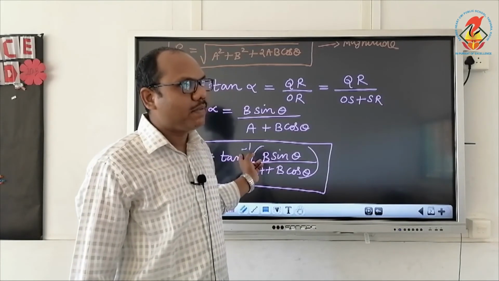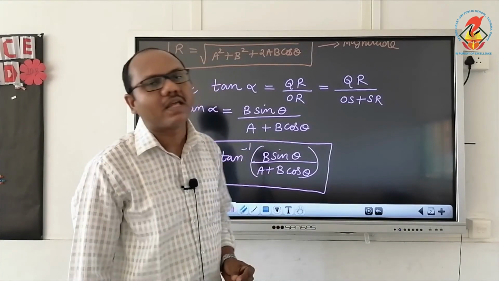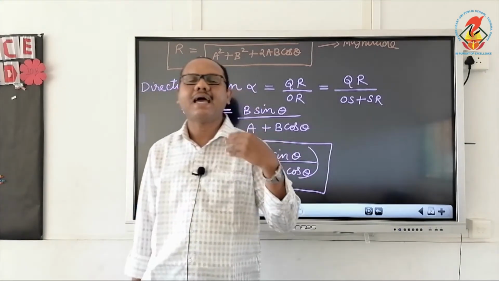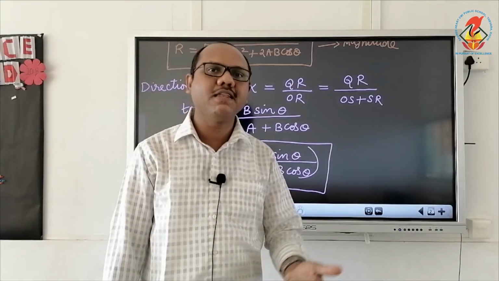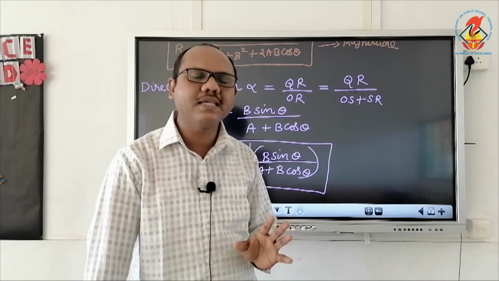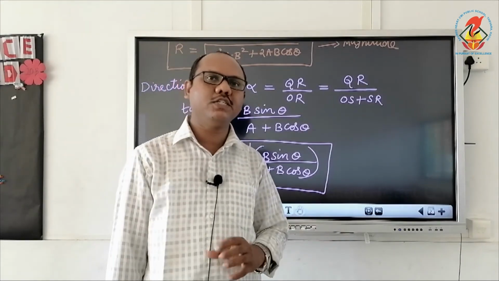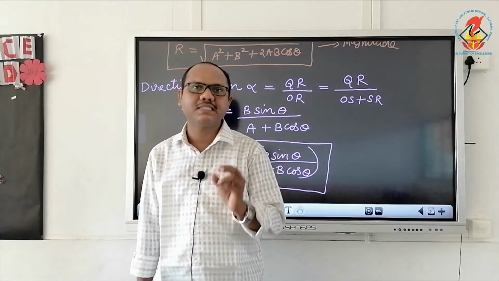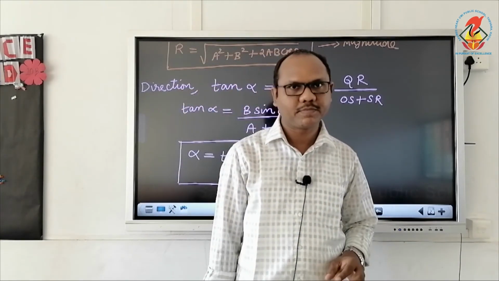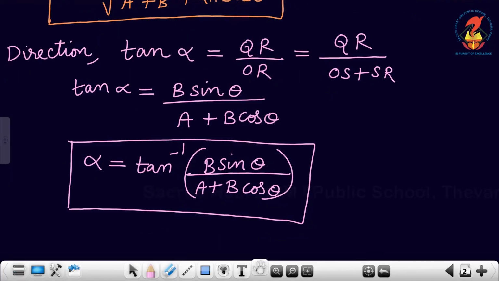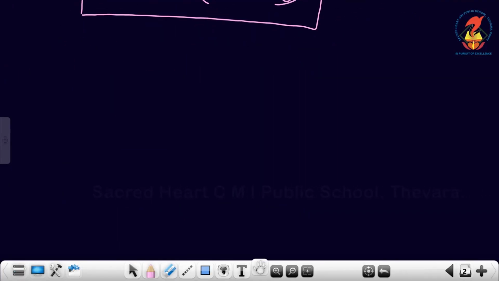See, what is meant by tan inverse? I will tell you. When we say tan inverse, sine inverse and all, it is not actually the reciprocal. This is a representation which is called inverse trigonometric function. For example, what is the value of tan 45? 1.